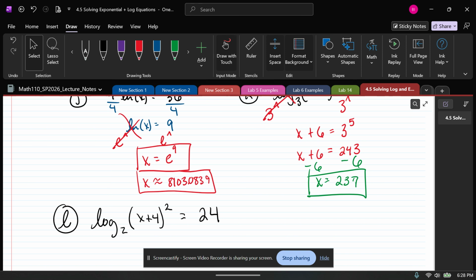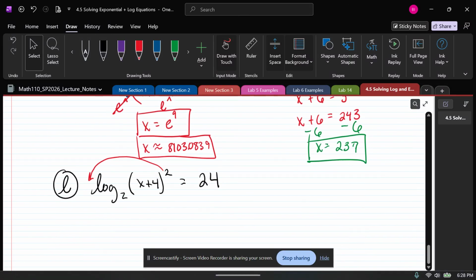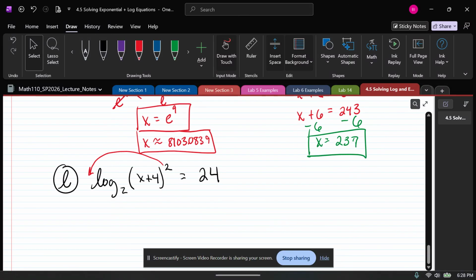It is a lot easier to get rid of a 2 that is a multiplier in the front than it is to get rid of a 2 that's an exponent. Right? It's a lot easier to divide by 2 than it is to take a square root on numbers, right? Square roots, not every number has a nice square root, but if I divide a number by 2, it's either going to be going into it evenly or it's going to be a 0.5 decimal, okay?